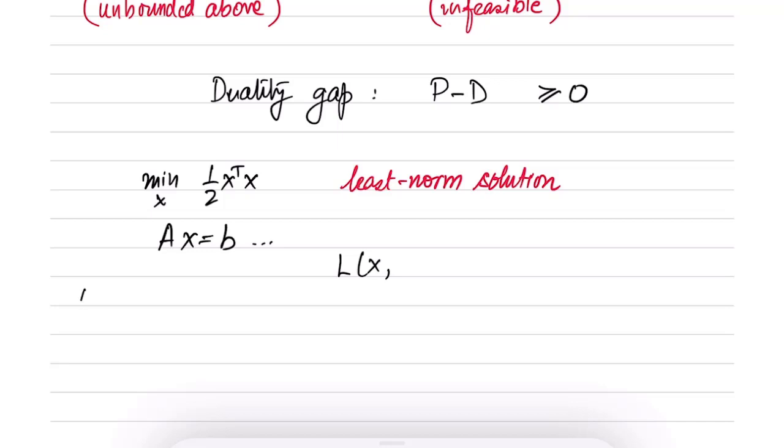So here let's say that A is in R p cross n, so that we have nu 1 to nu p, and hence L of x comma nu is given by half x transpose x plus sum of nu i times a i transpose x minus b i, or I can write it compactly as nu transpose (Ax minus b).